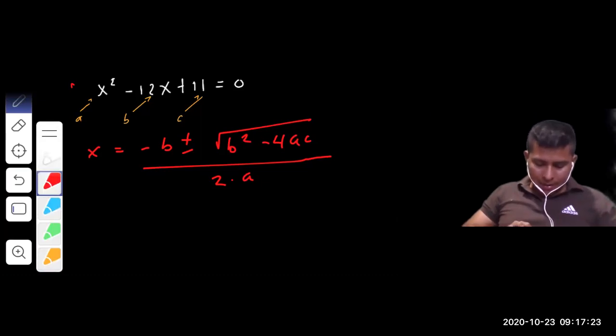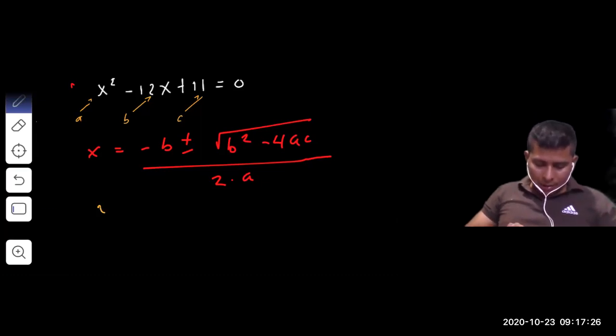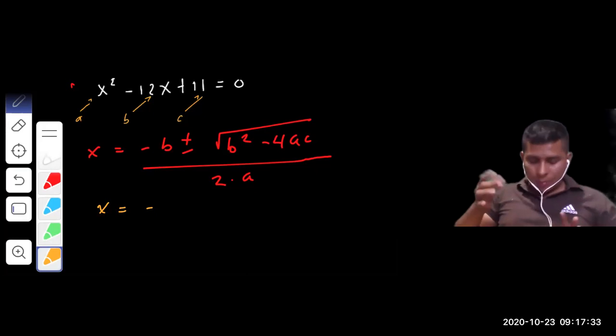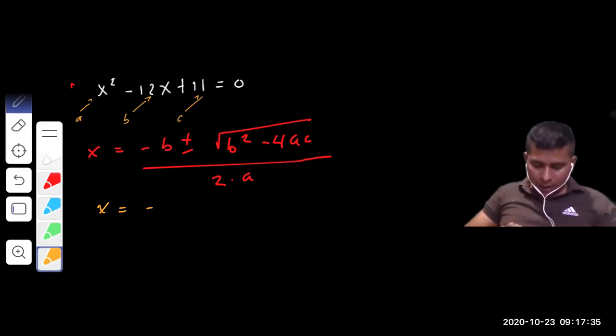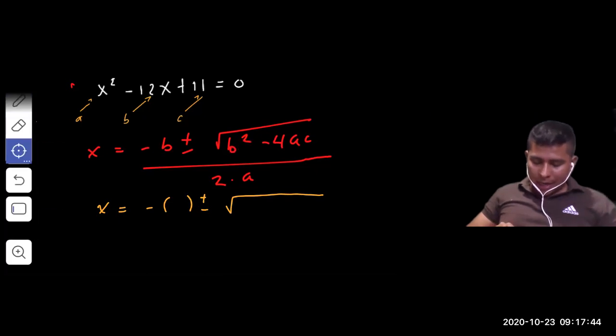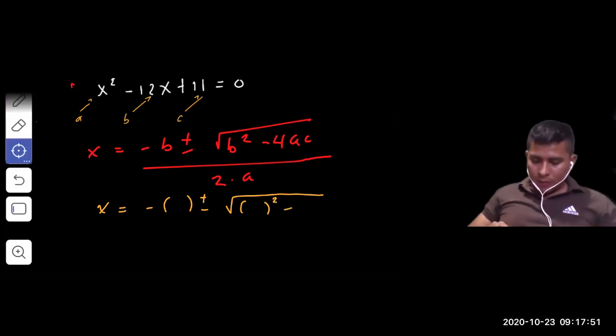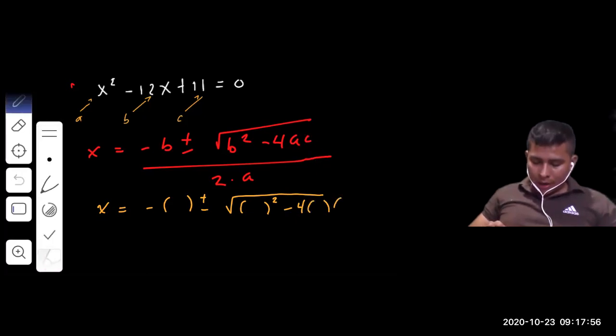What we're going to do is substitute what we know. X is going to be equal to minus B, I already know it. I'm going to put parentheses because I'm going to substitute. Whenever I substitute a variable, I put parentheses. Plus minus the square root of B squared, parentheses squared, minus 4, A parentheses, and C parentheses again.